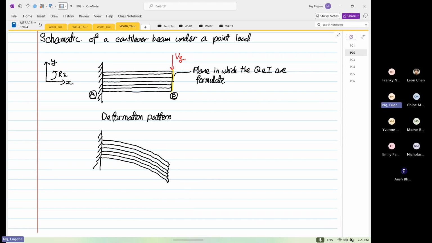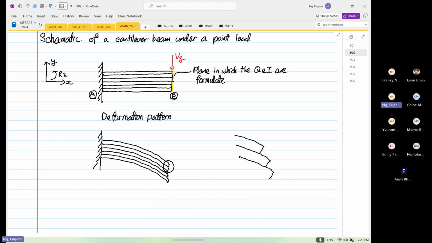So what I'm going to do now is draw the exploded view of here. I'm going to magnify, and when I magnify, it looks like this. So this is the magnified region.